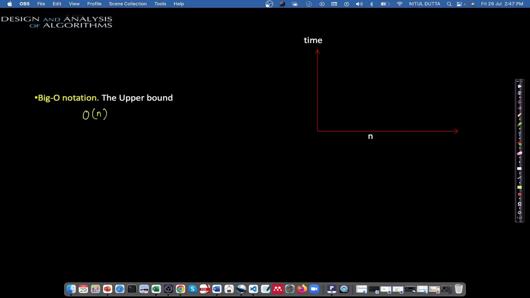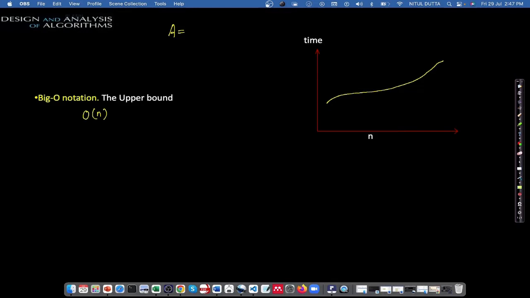To understand the concept of order of n, or the big O notation, let us suppose that we have an algorithm A, and we have plotted the time required to complete the algorithm with respect to the size of input n, and hypothetically assume that we got a curve of this type. This is the curve that represents the relation between the time and the size of the input data.